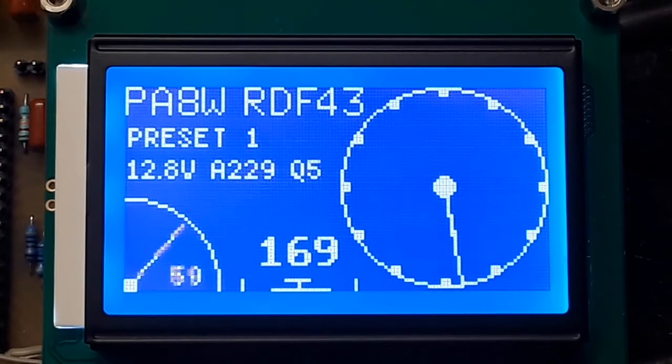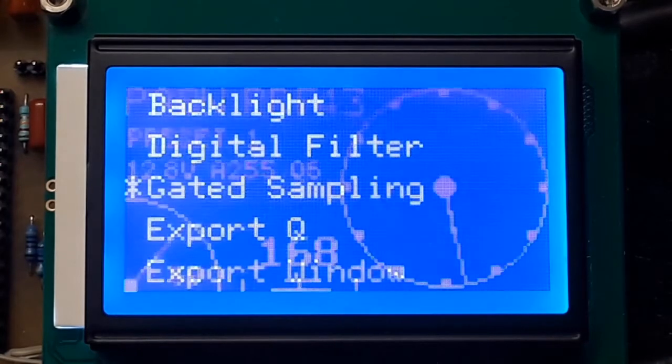And that's with the same amount of audio out of the receiver. So we can do with less audio, with less input of noise modulation, and still have the same Doppler tone output. So that's the advantage of gated sampling.